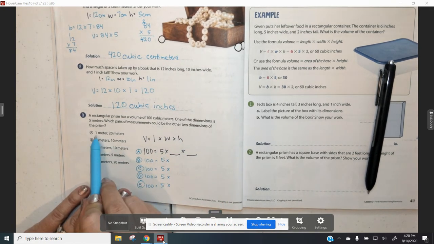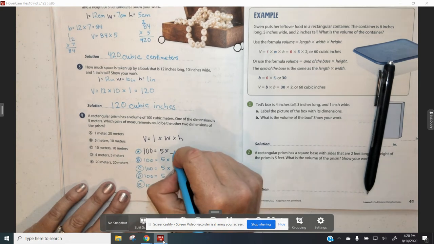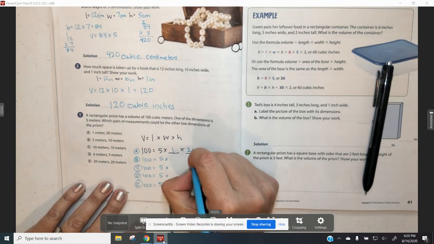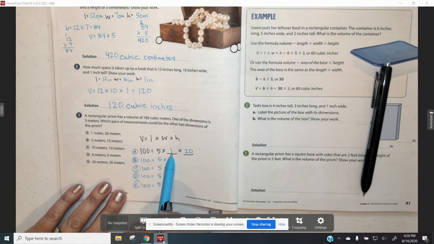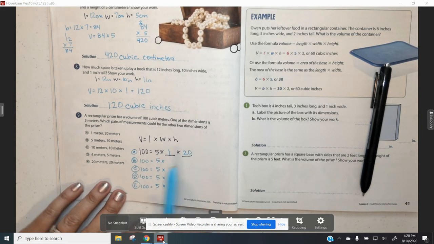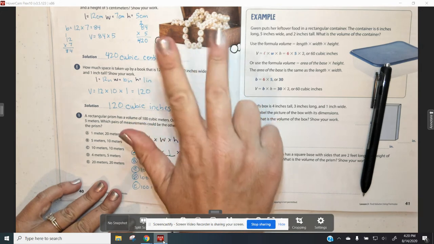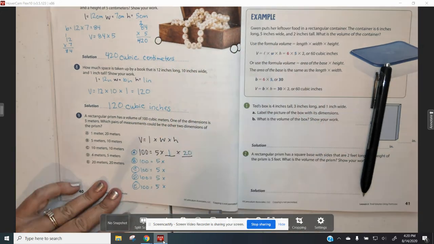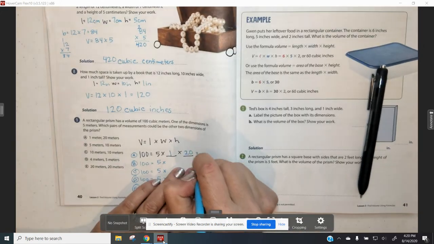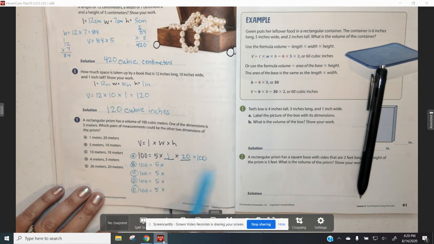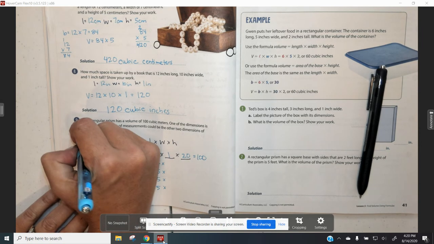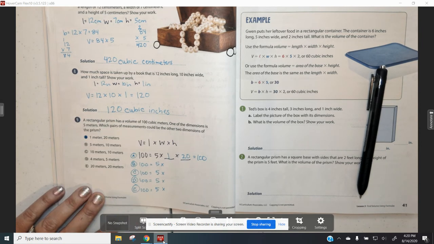So let's try A. 1 and 20. So let's see if this works. 5 times 1 is 5. 5 times 20 is 20, 40, 60, 80, 100. So does A work? Yes, it does work because they both equal 100 cubic meters.